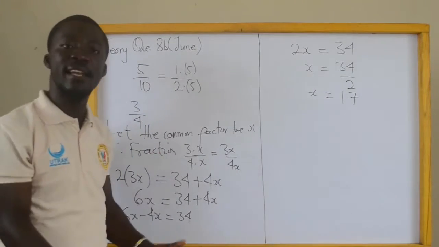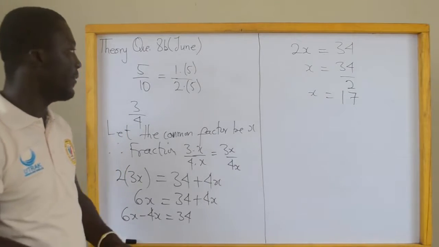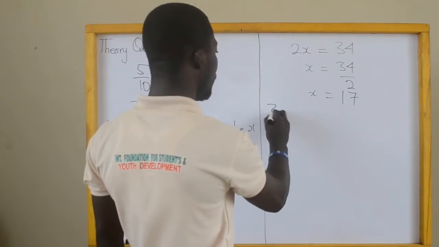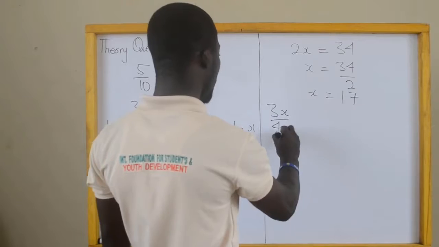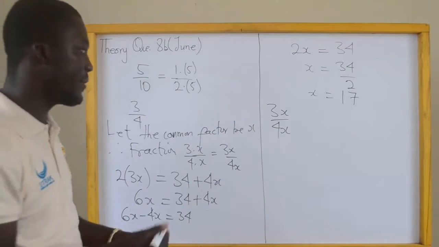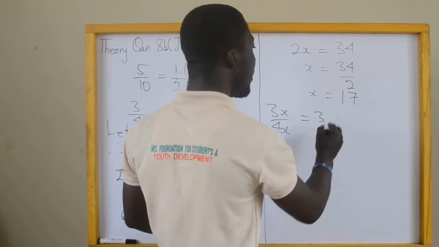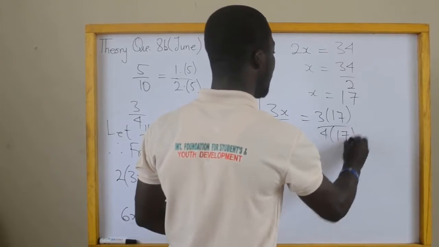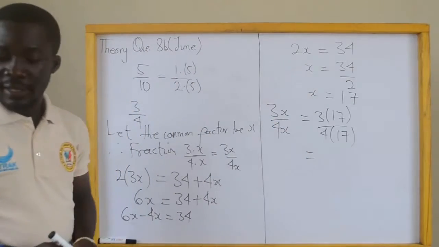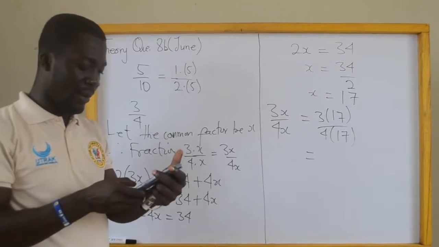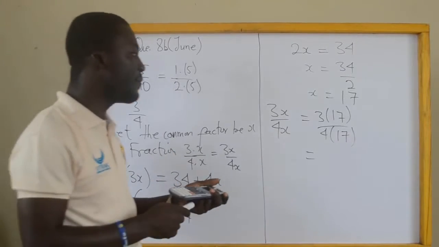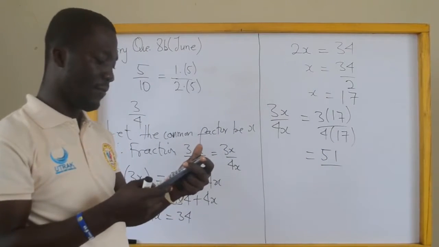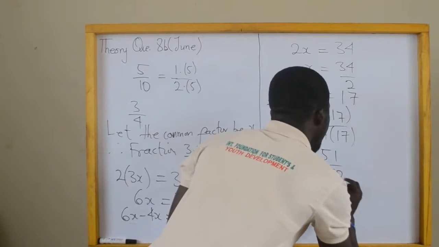But the question says we should find the fraction, and our fraction is 3x over 4x. So when we substitute, we get 3 times 17 over 4 times 17. 17 times 3, we get 51. 17 times 4, we get 68.